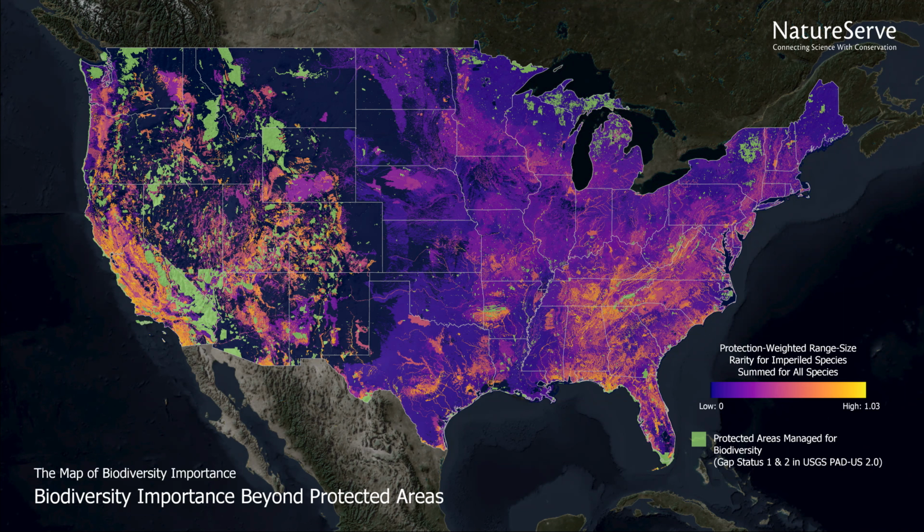So this protection-weighted range size rarity map lights up places where imperiled species with smaller ranges are unprotected. So these three analyses for all at-risk species we modeled, as well as subsetted into 4 taxonomic groups of vertebrates, aquatic invertebrates, plants, and pollinators, are all available on Esri's Living Atlas of the World. Just search for MoBi, M-O-B-I.